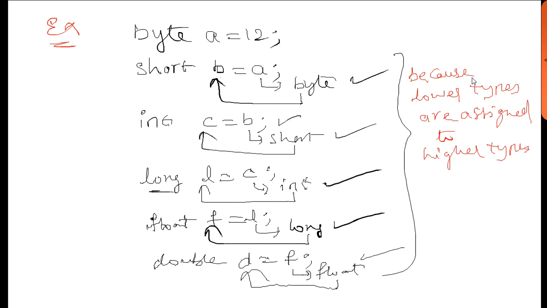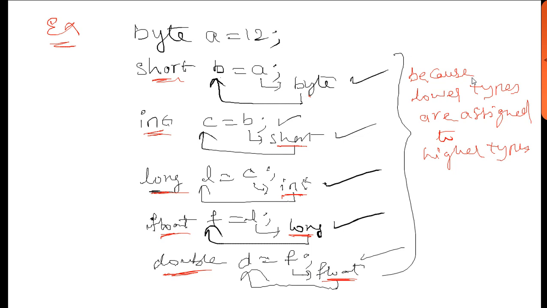See, byte is lower type, short is higher type. Here short is lower type and integer is higher type. Integer is lower type, long is higher type. Long is lower type, float is higher type. Similarly, float is lower type, and double is higher type. Like this, lower types are assigned to the higher types.